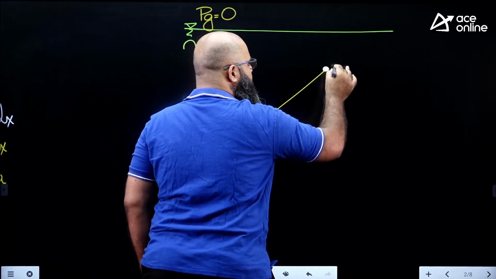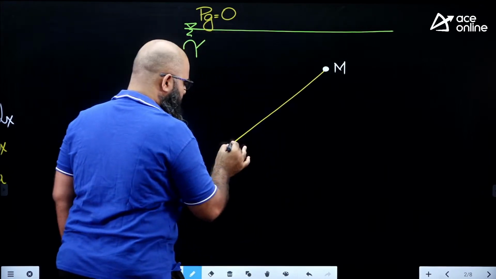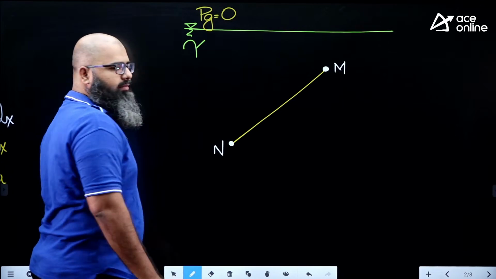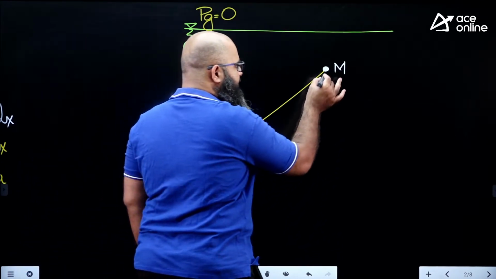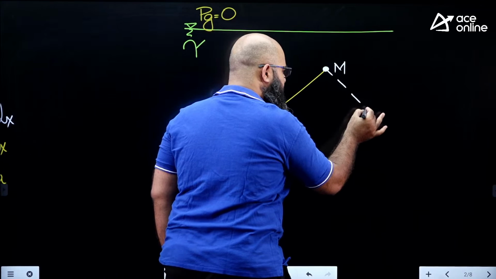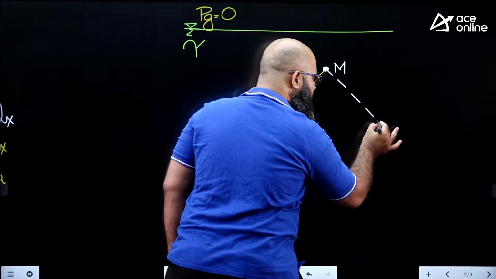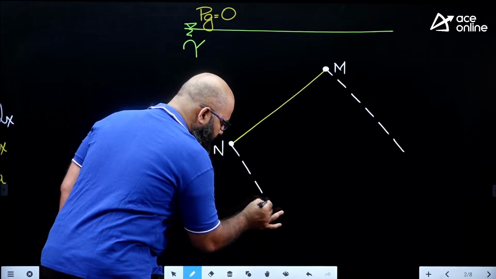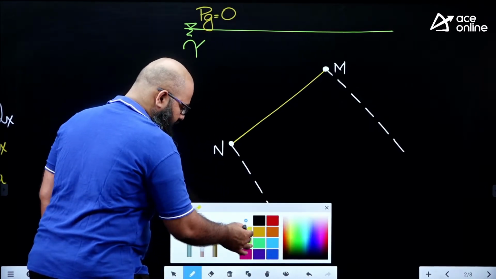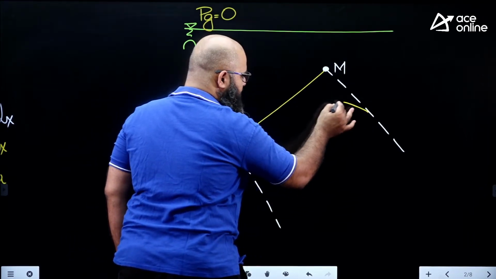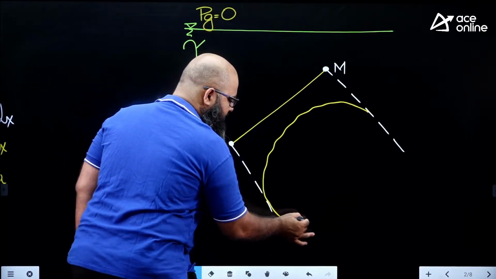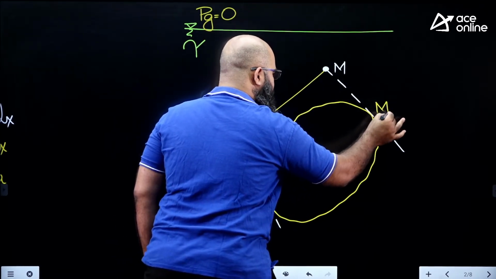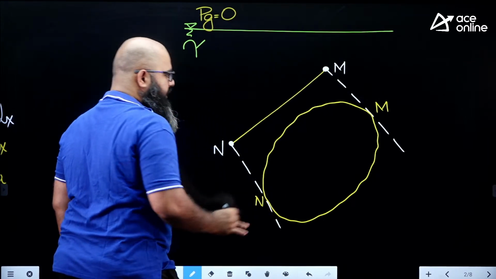Let me choose this point as M and this point as N. To imagine the actual plate, let us produce two imaginary perpendicular lines and show the plan view of this plate. The plate is something like this. This is end M, this is end N.